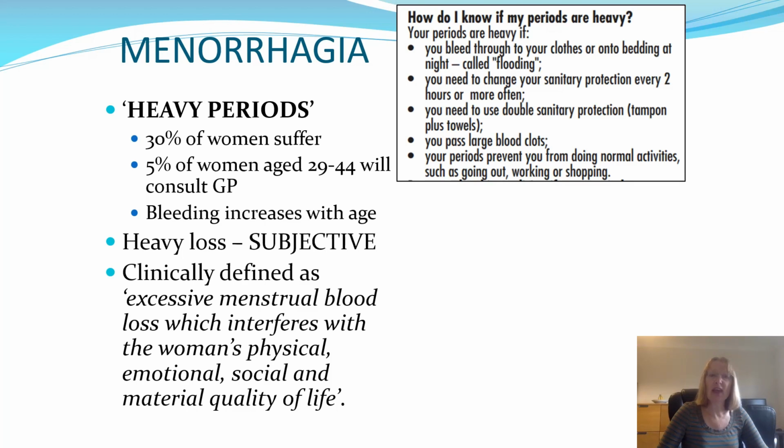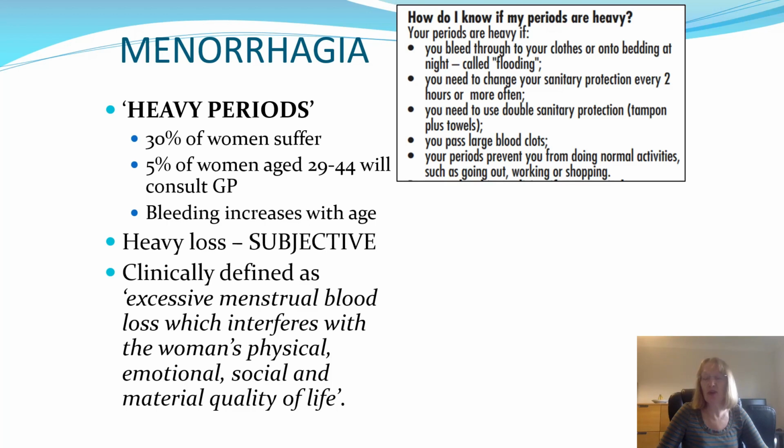This heavy bleeding or heavy periods is subjective, but clinically it's defined as excessive menstrual blood loss which interferes with the woman's physical, emotional, social and material quality of life. In this box at the top are some of the things that people might come in and say to you.